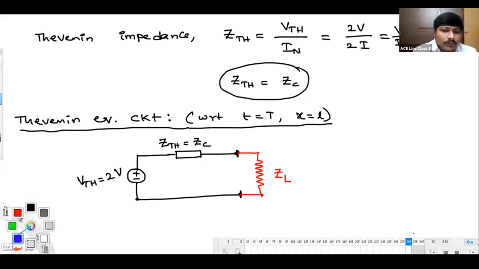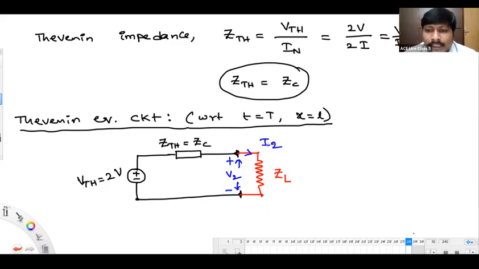And you know, this point voltage is V2 refracted and this current is I2 refracted. Voltage V2, current I2 at time t equals to capital T for x equals to L. Right? So this is our lumped model.